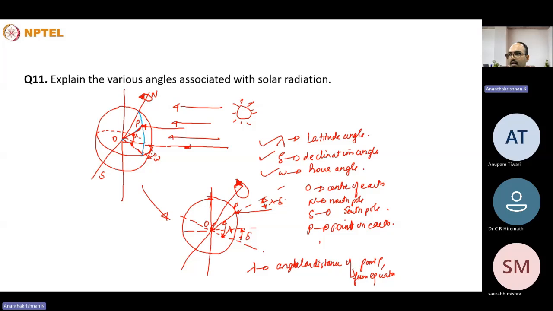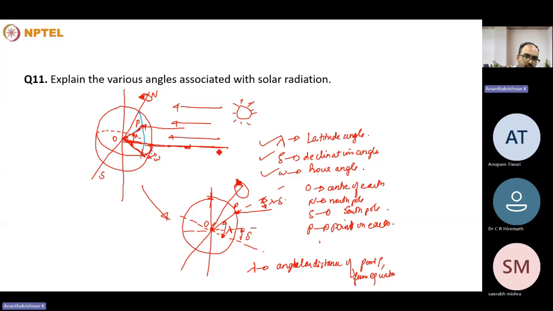So this is the angle between this point and the projection of the point OP to the equatorial plane.